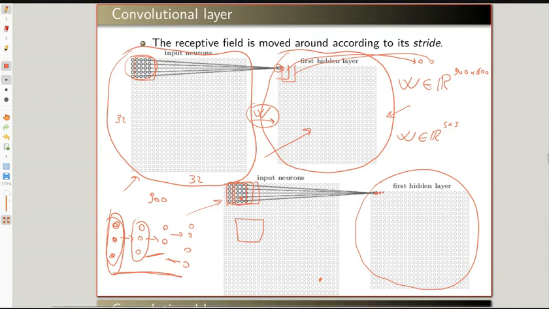This means that when I use a 5 by 5 receptive field here, I'm analyzing the information coming from 5 points, but each one of these points corresponds to a 5 by 5 square here.